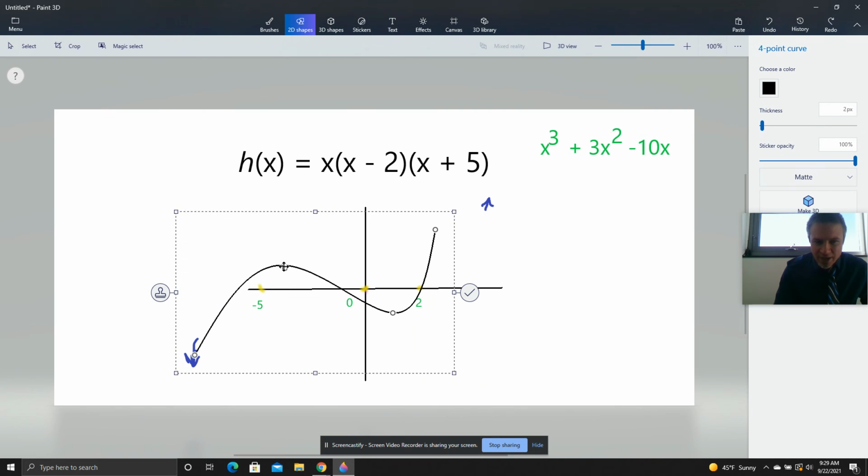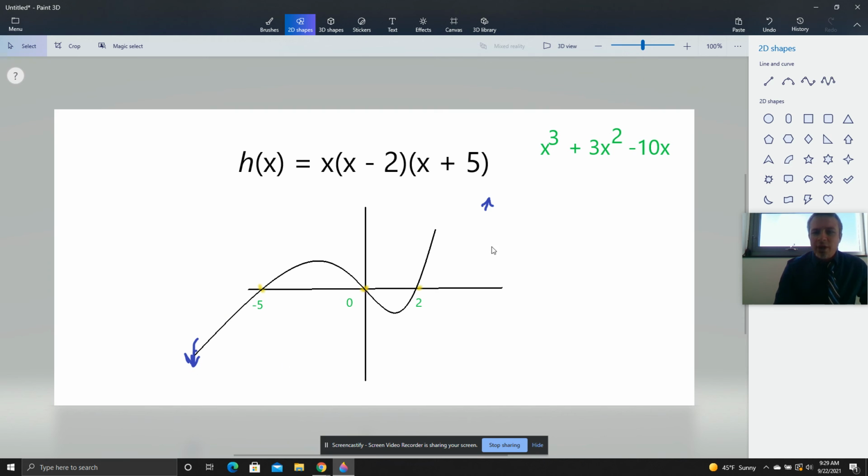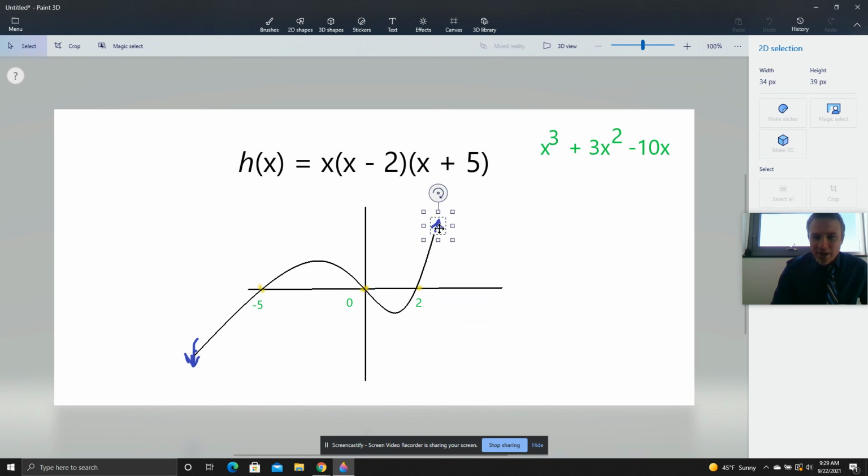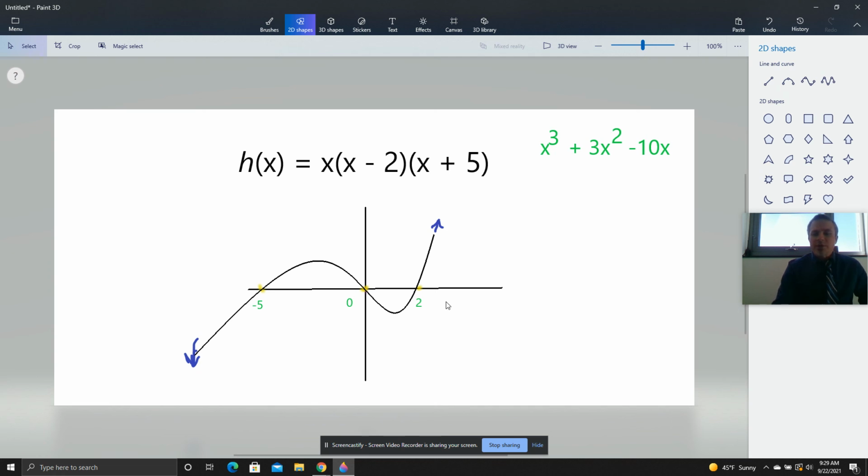So something like this, okay? So we're going to get that, and this arrow has to be right here, and this arrow is the down arrow, right? Again, we're just leaning on the cubic function, and we're saying that if I have these zeros and these end behaviors, this is the picture of my function, right?